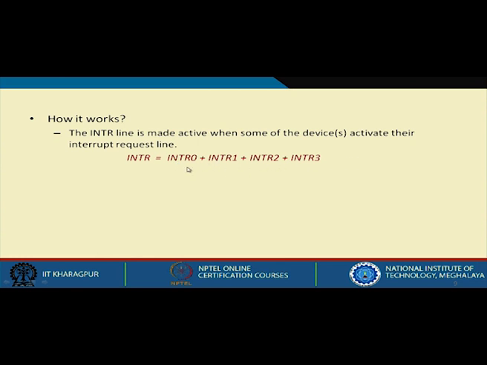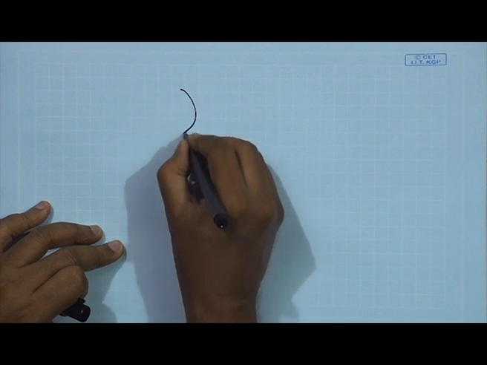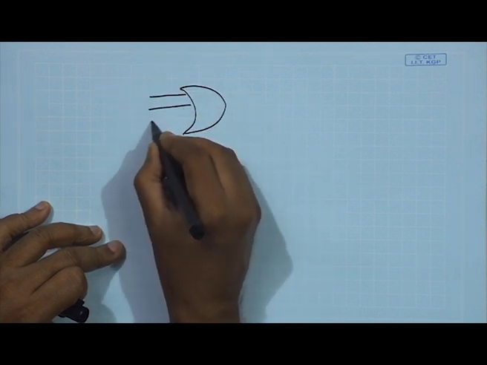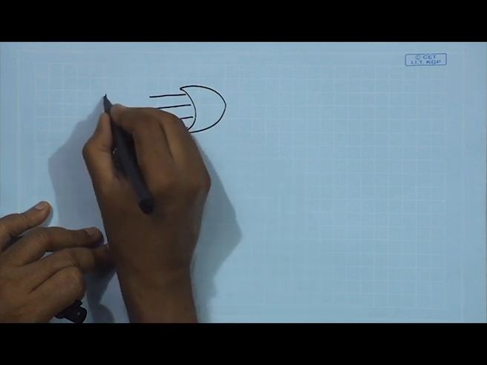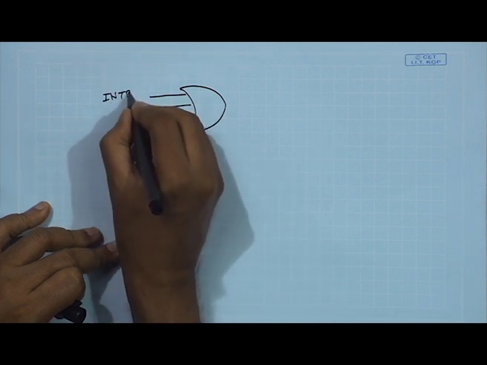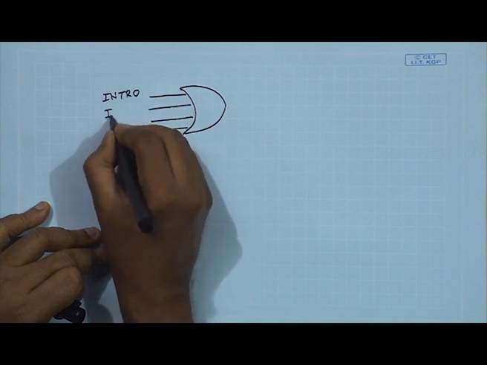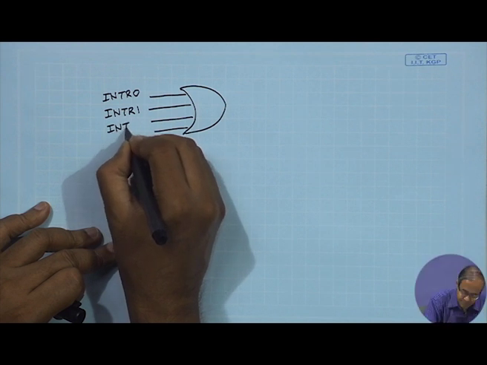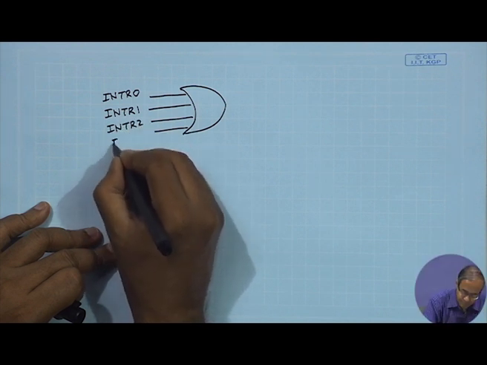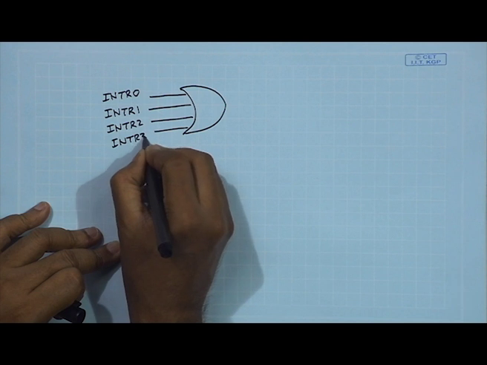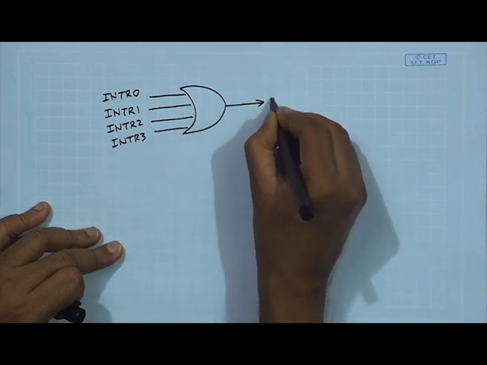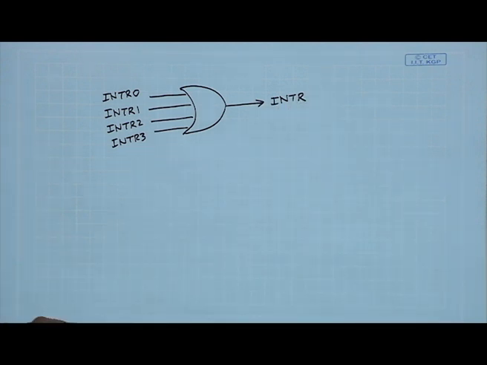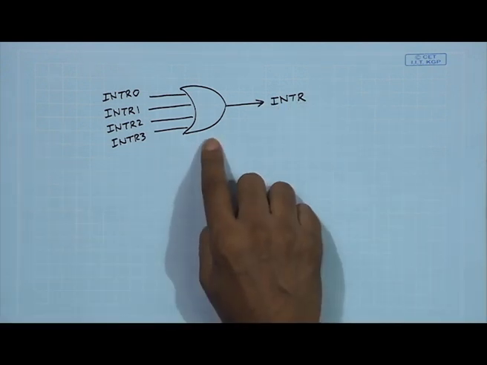You use a simple OR gate, a 4 input OR gate, where the 4 interrupt request lines are connected to the 4 inputs, and the output will be generating the consolidated interrupt request signal to the CPU. This is how it is generated, a simple OR function.